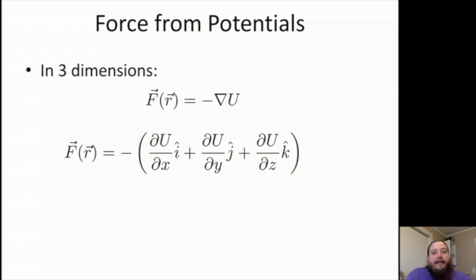And what that upside down triangle means is what this next one says. It basically says that you take the derivative of u with respect to x and multiply that by the x unit vector, and you do the same for the y, the derivative of u with respect to y multiplied by the y unit vector, and the same for z multiplied by the z unit vector.